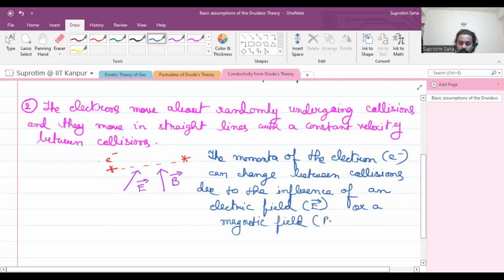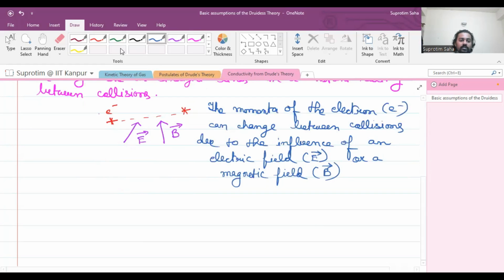All right. The force it exerts on the electron can affect the momentum. All right.